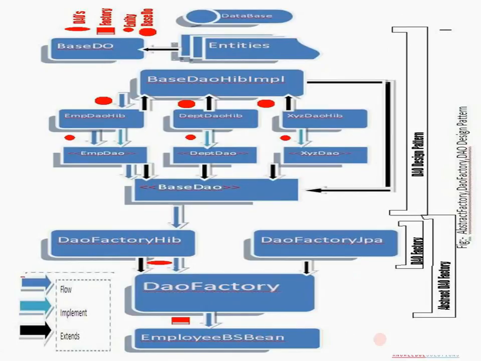So therefore you have the employee DAO, that is the employee data access object, and the department data access object and many other objects. So all these data access objects can be given in a single class in an abstract way, which includes the abstract factory as well as the factory method. And this is all about the data access object factory design pattern.